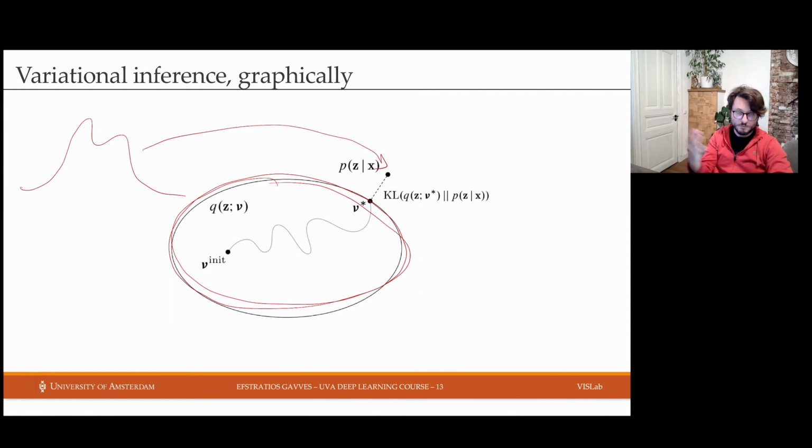I don't know which Gaussian, but it can be like this one, or that one, or that one, right? All these possible Gaussians are within this model space, and variational inference tries to find the Gaussian that looks the closest to my true posterior.